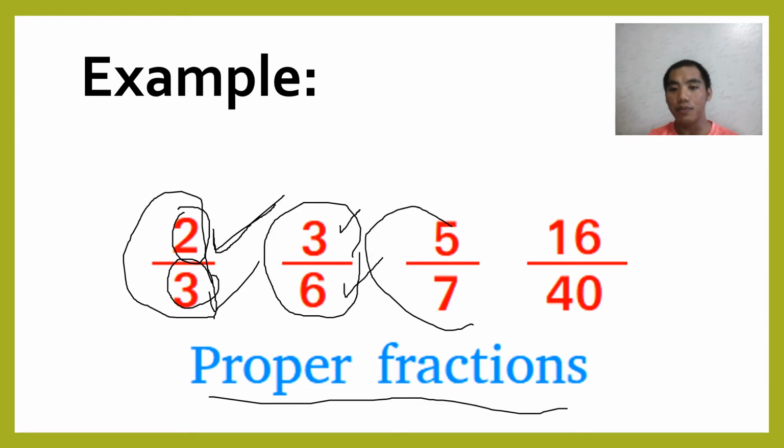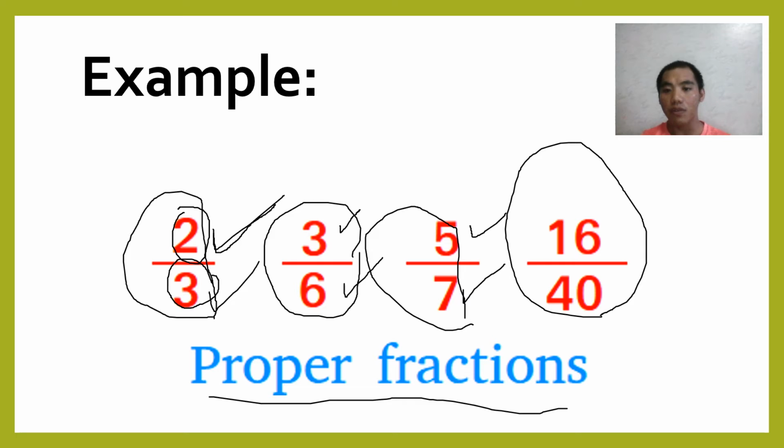Another example, 5 over 7. 5 is smaller than 7. Therefore, 5/7 is a proper fraction. And last example, we have 16 over 40. 16 is smaller than 40.